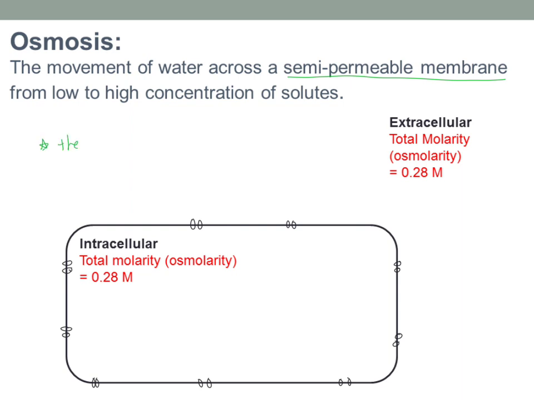The cell membrane is a semi-permeable membrane. And I mentioned this in the last video, semi-permeable membrane, which means that basically only water can pass through it. So only water can freely pass.